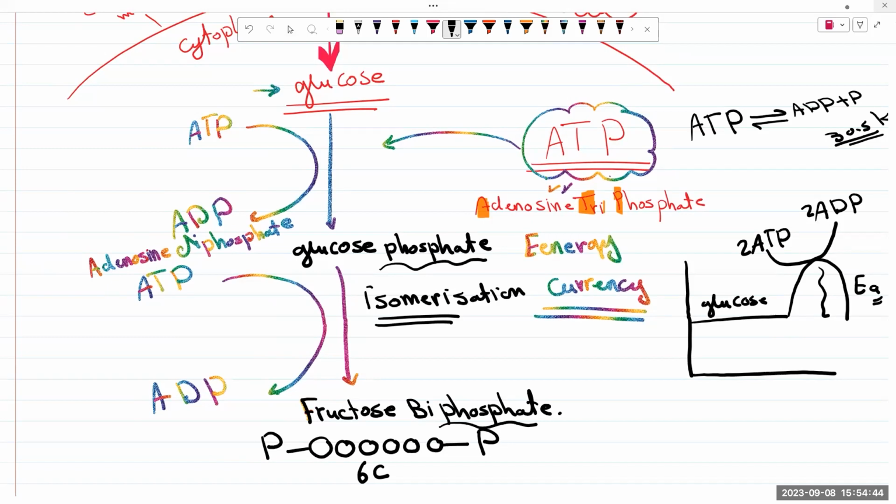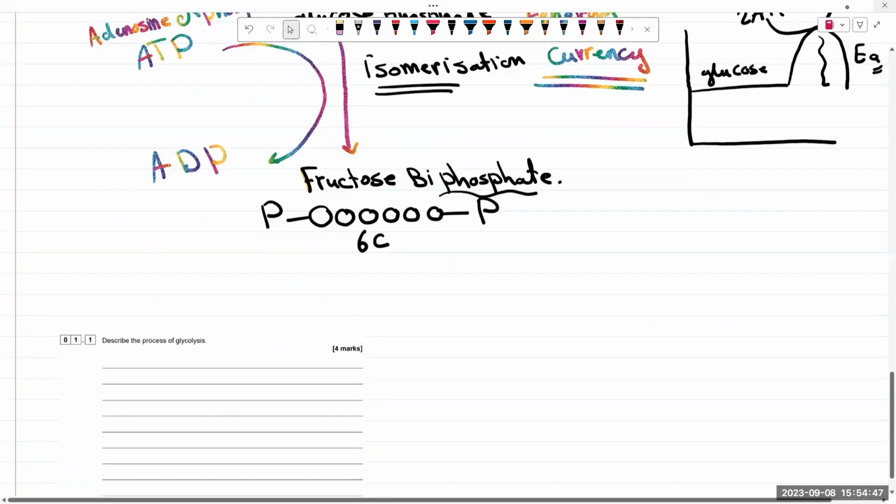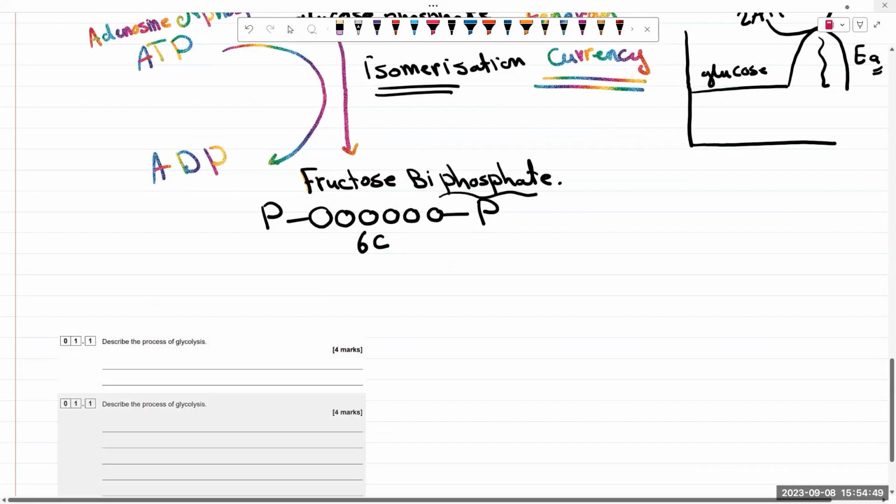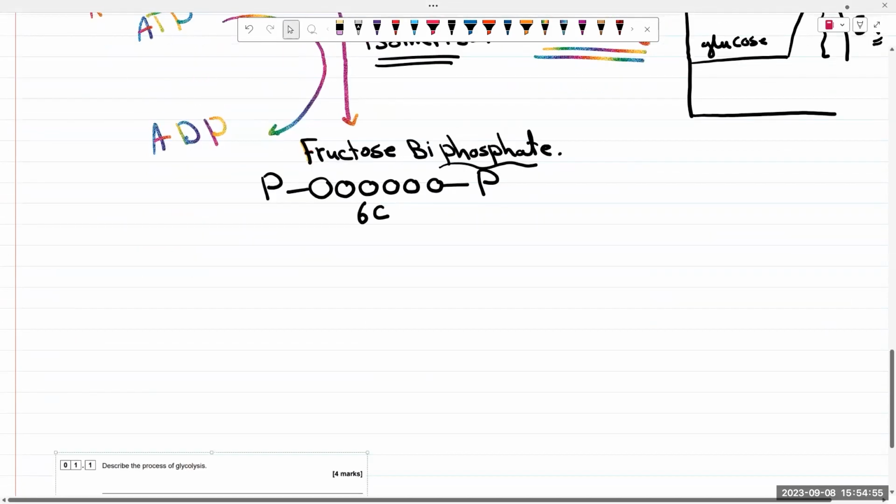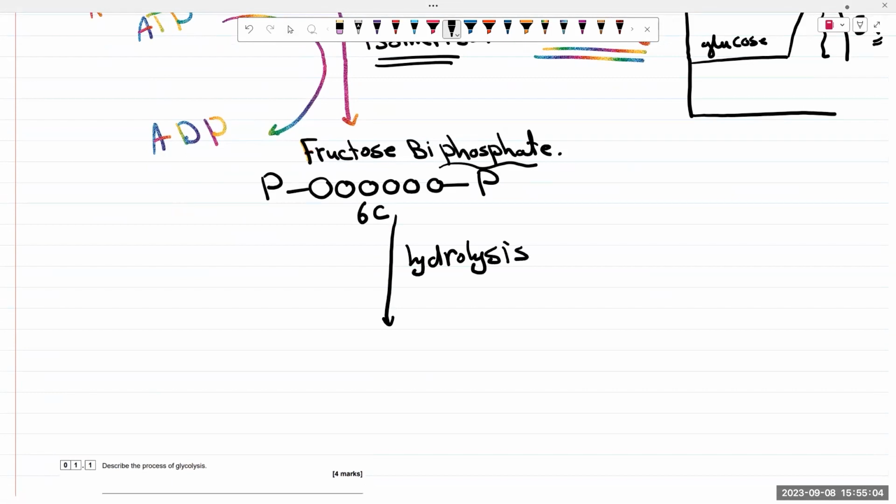The next step for fructose bisphosphate is hydrolysis. What is the meaning of hydrolysis? Hydrolysis means breakdown, lysis, right? So it will be broken simply into two parts, 1, 2, 3 and 1, 2, 3 carbons on each side.